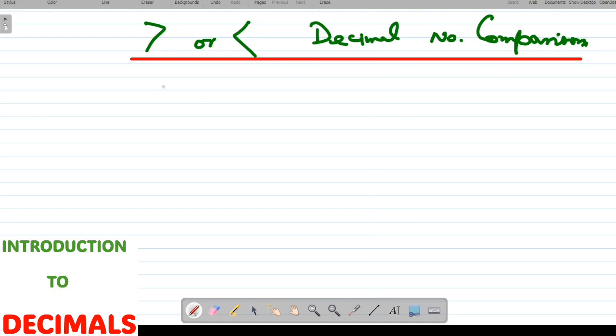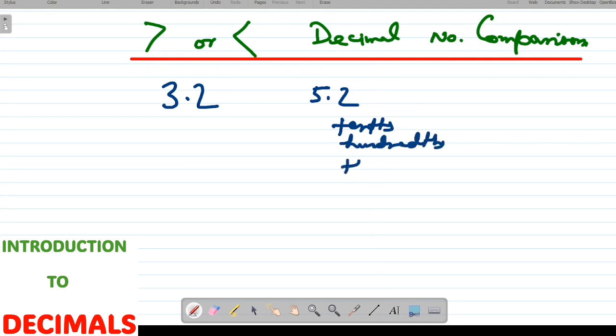Suppose the numbers are 3.2 and 5.2. Here there is no need to go after the decimal into the tenths, hundredths, and thousandths.